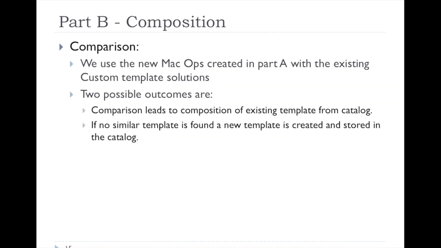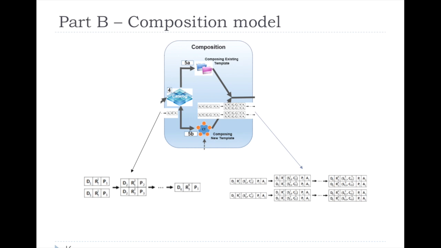So during the comparison, we use the new macops created in part A. Basically the abstraction would look something like this, which is domain, resource, and precondition, and I will compare this with the custom template catalog, which also has domain, resource, precondition along with the R constraints from the resource space. And if there are no solutions available, we create a new solution from the existing solutions.